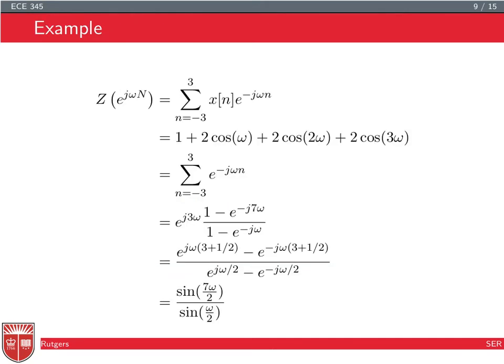Let's find now the DTFT of this box signal that starts at -3 and ends at +3. So let me draw it again here so you can see it. It's a discrete version of this guy here. We can do it by just applying the formula, and then I have the sum from n equal to -3 to +3 of z of n times e to the minus j omega n. Let me fix these typos here.